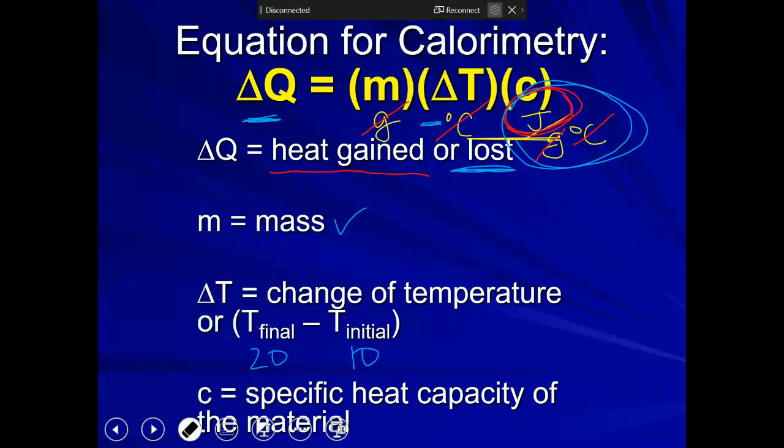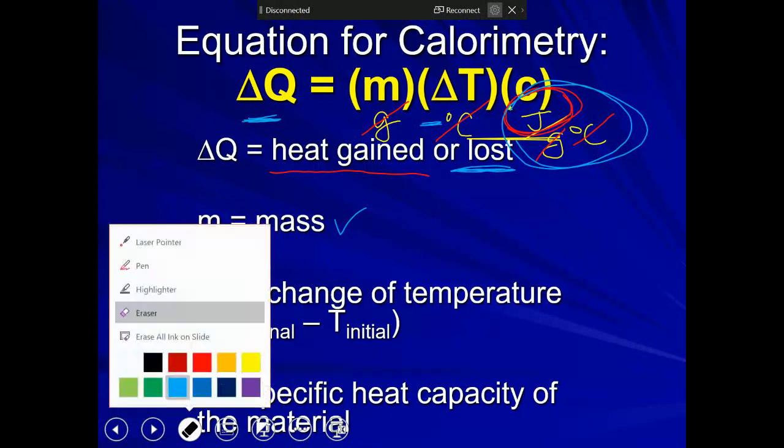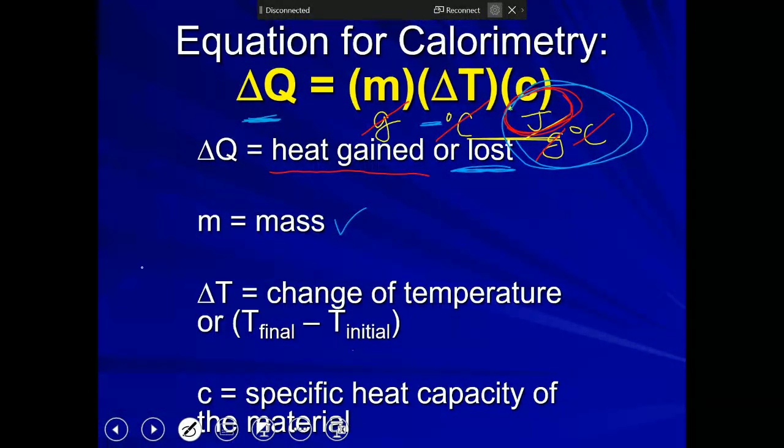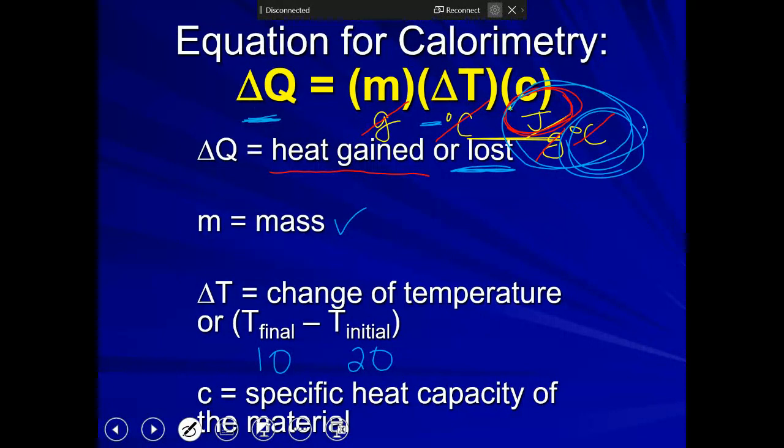But if it started at 20 and it went down to 10, that's a change of negative 10, and you're going to get a negative heat change. And again, you could put temperature in other units, but it has to match up to whatever unit is being used in the specific heat. So again, make sure you're matching up your temperature units.